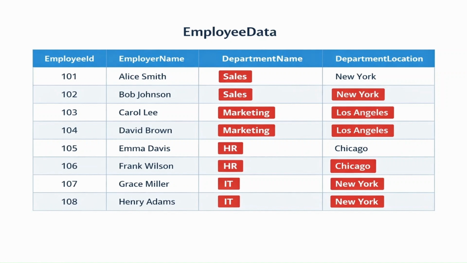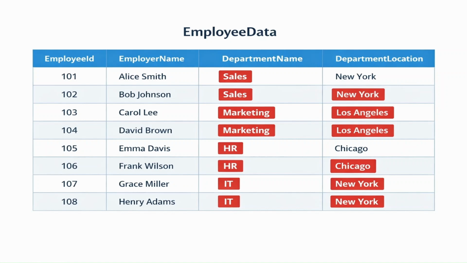So this is not a good design. This is a bad design for the table. We should not design tables in this way. This is the example of bad design, right? So what can we do about it? And this kind of table has multiple problems.